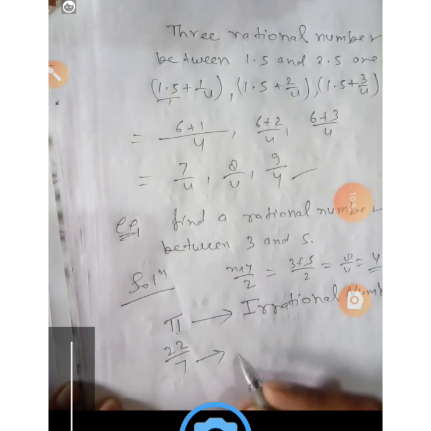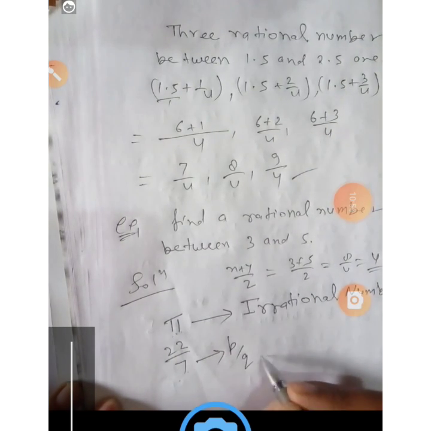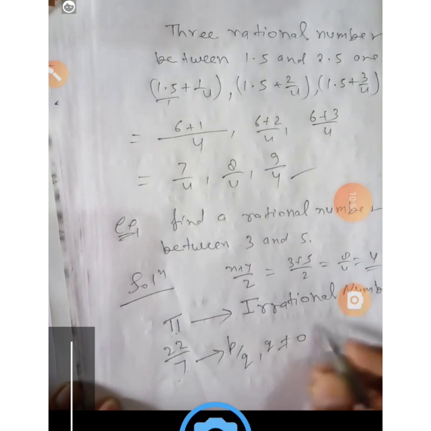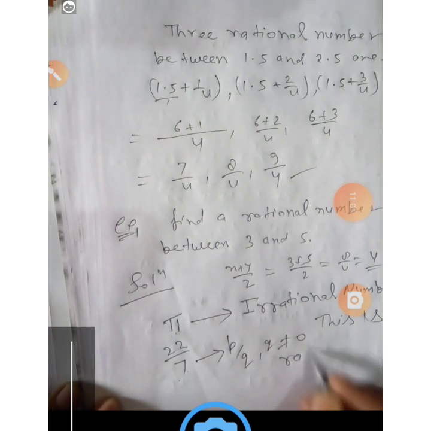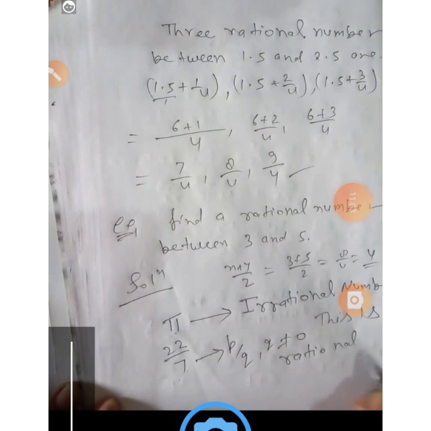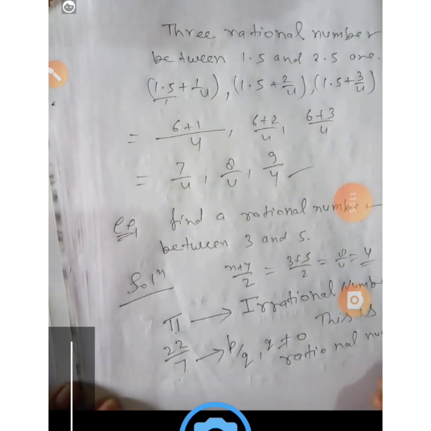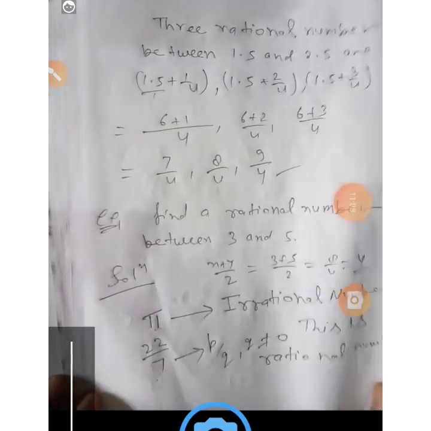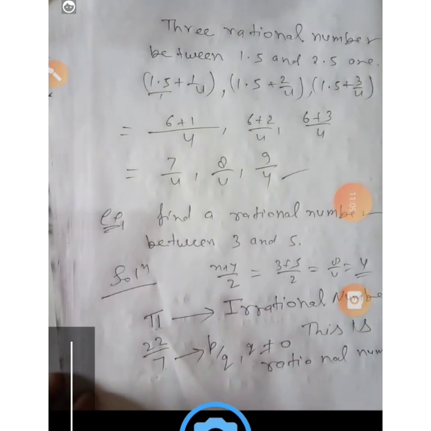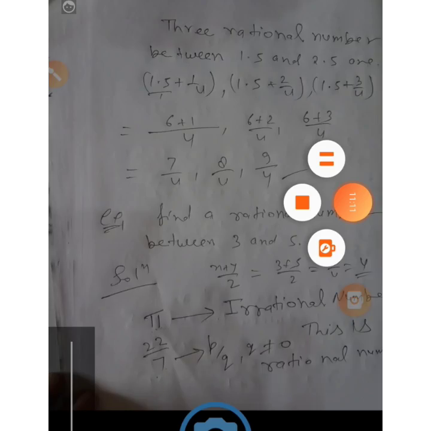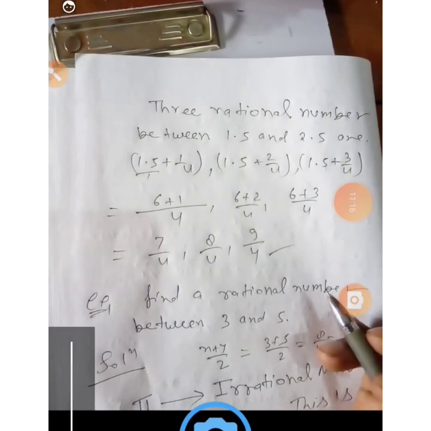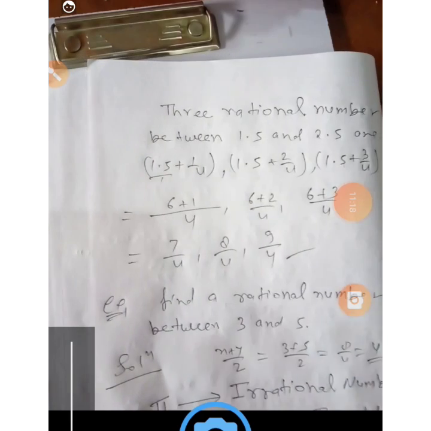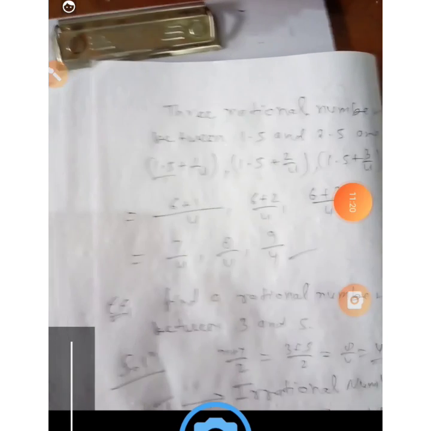And 22 by 7 is in the form of p by q, with q not equal to 0, so this is a rational number. So in this way this topic is completed, and in the next topic we solve many questions in this form.